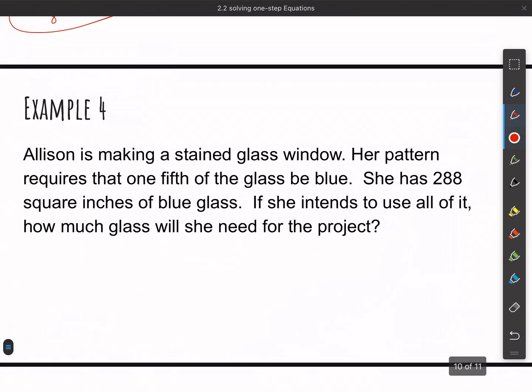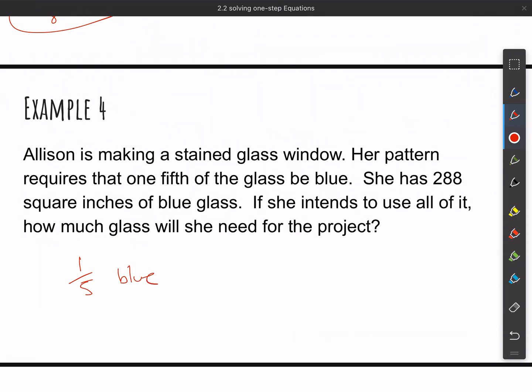The last one that we have, you guys, is a word problem. So example 4 in your books today, when you get to example 4, it's probably going to be a word problem or two that I'm going to give you guys. So here it is. Let's look at it. It says Allison is making a stained glass window. Her pattern requires that 1/5 of the glass be blue. So 1/5 of the glass is blue.